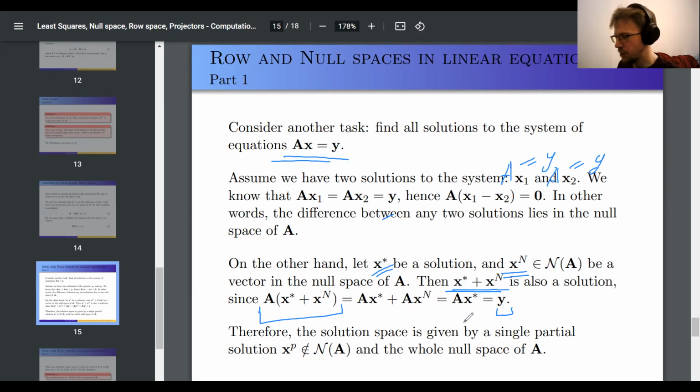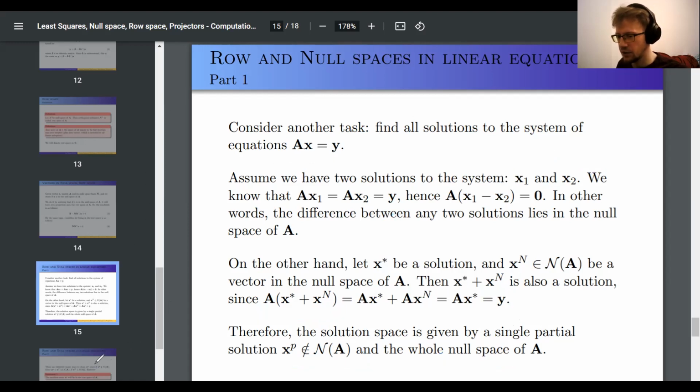Therefore, the solution space is given by a single partial solution, which is not in the null space, and the whole null space of A. So the answer to the original task is to find any partial solution that is not lying in the null space, and as long as y is not 0, it cannot lie in the null space, and then add the whole null space to it. That is the answer. Okay, that is how you solve this problem.